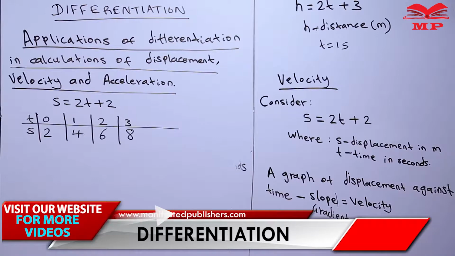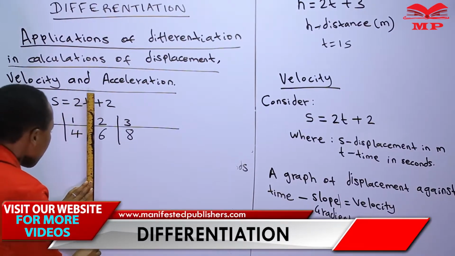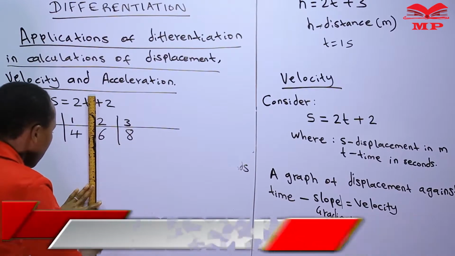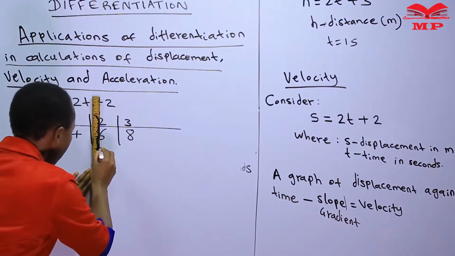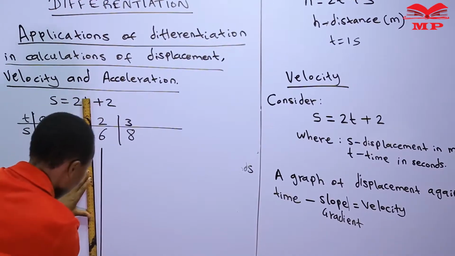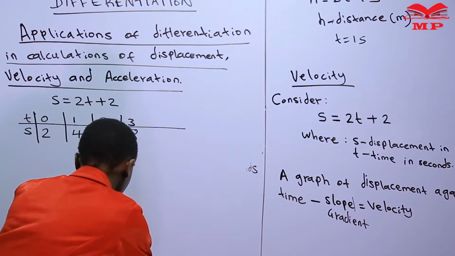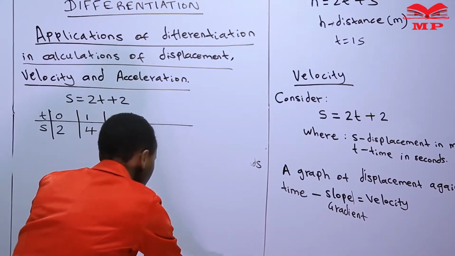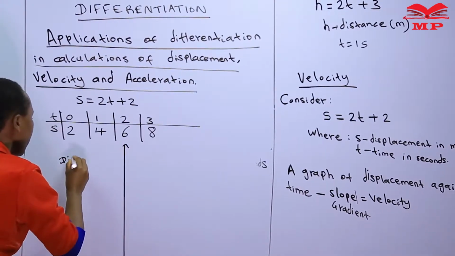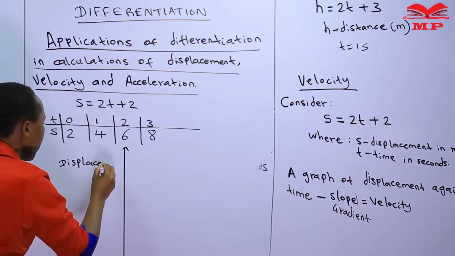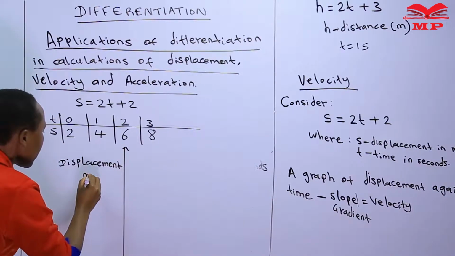Then we can have the plot for that graph, our displacement time graph. We have on the y-axis the displacement, which has been given in meters.